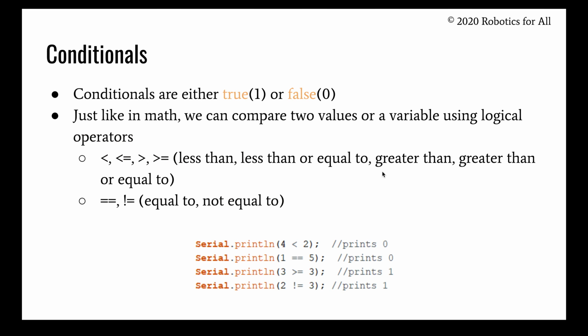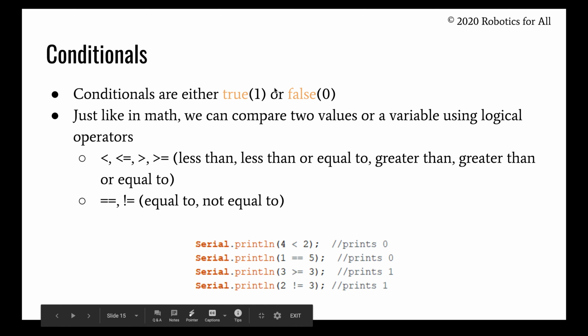Okay. Another thing are conditionals, which are either true or false. We use comparison signs, like less than or equal to, greater than or equal to, equal to, and not equal to. And if you print these conditionals, you'll get either true or false based on the value.